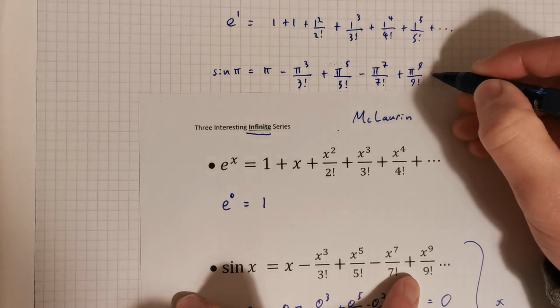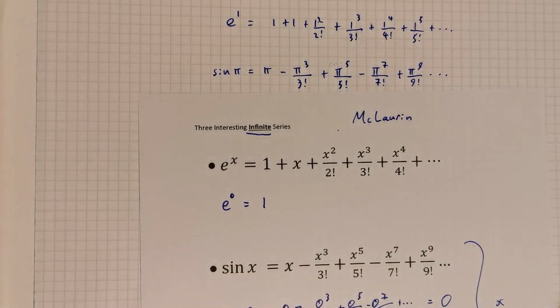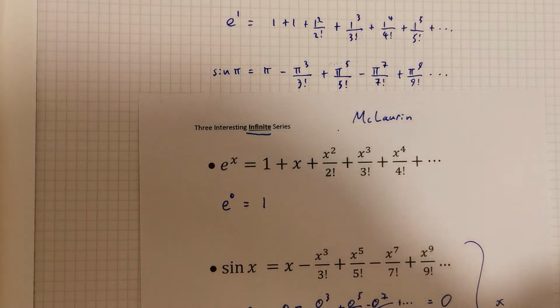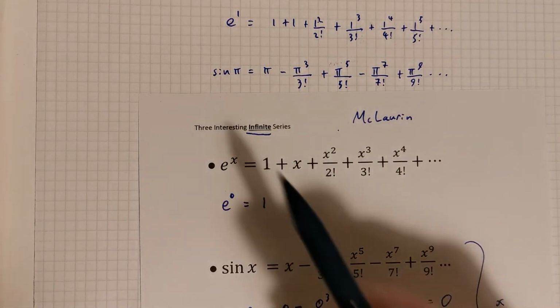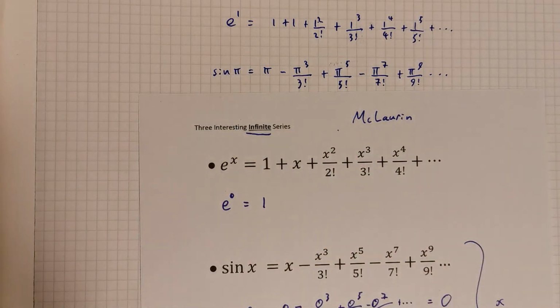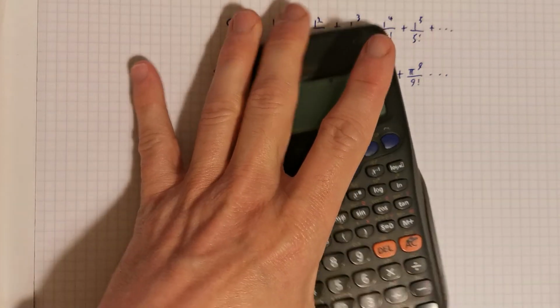That's as far as I'm going to go, but I'm hoping you see that that series can be extended forever and ever. And I'm just going to look at how these subsequent terms get closer and closer to what sine of pi actually is, which is 0. We know it's 0. So again, let's just use our calculator here a little bit.